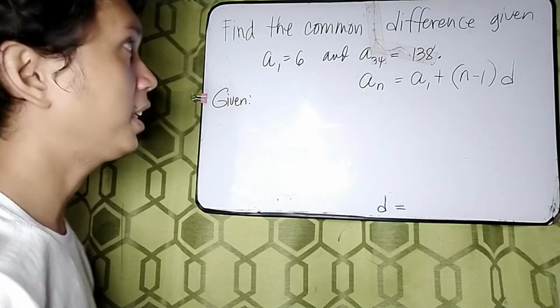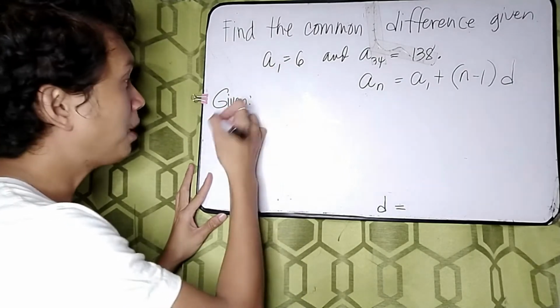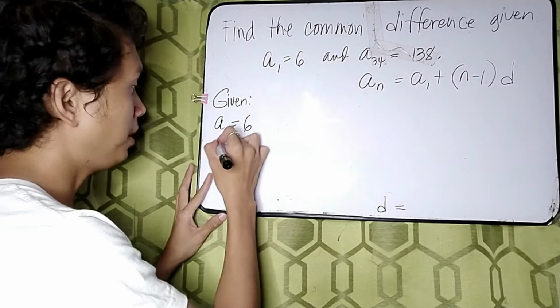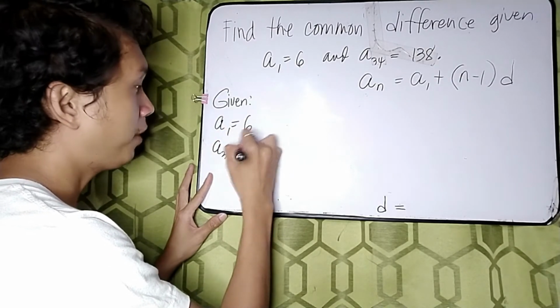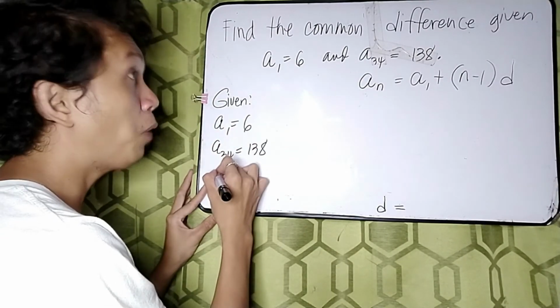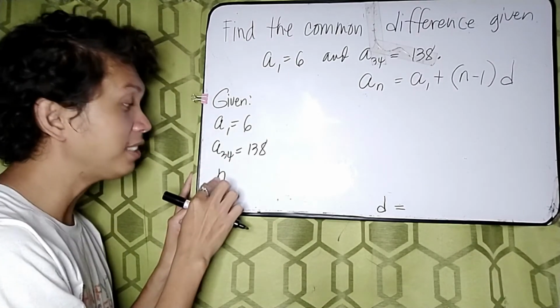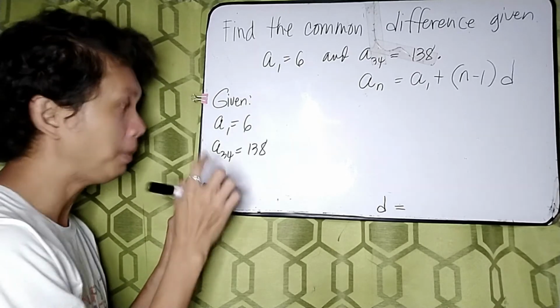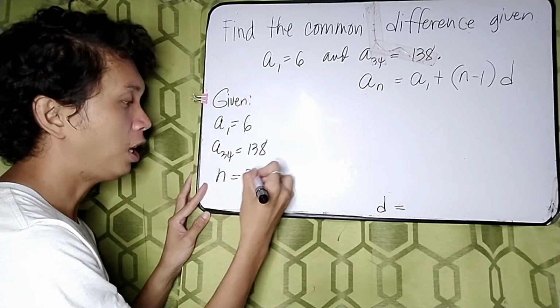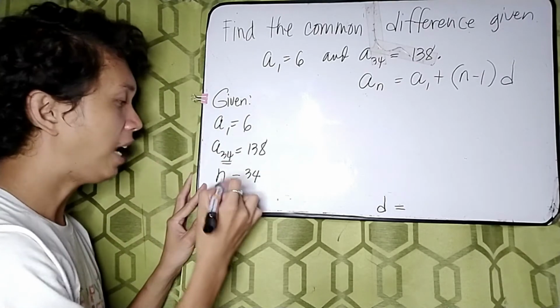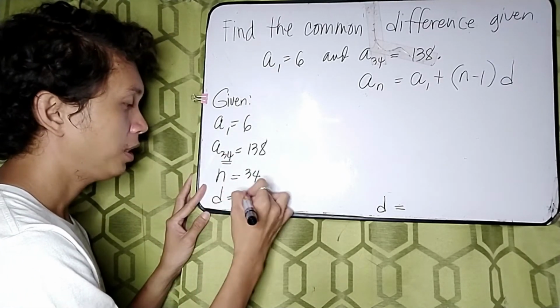So since the given is a sub 1, then we have a sub 1 is equal to 6, and our last term is a sub 34, that is 138. Then our n, since this is a sub 34, the last term, and n stands for the position of the last term, then this will become 34. Now we are looking for d.